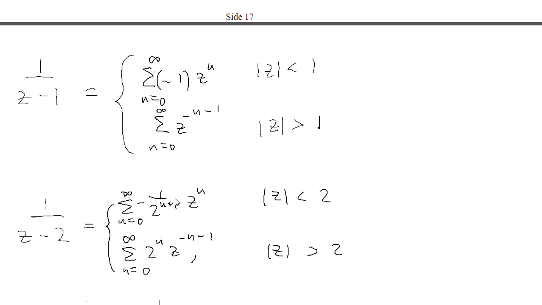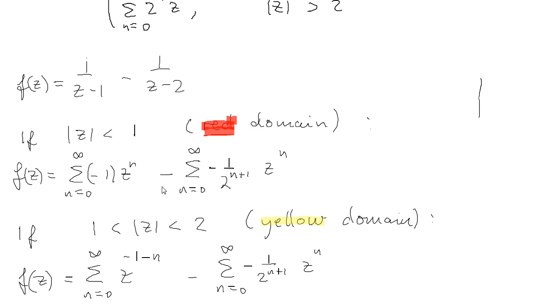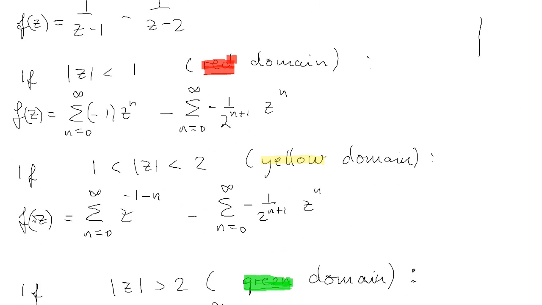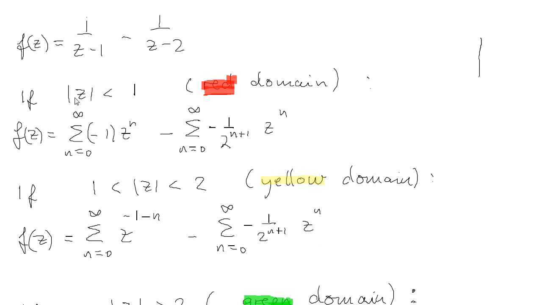So it's obvious that we have the following expression in the red region: f of z is equal to this guy minus this guy, in this red region, in the unit disk.